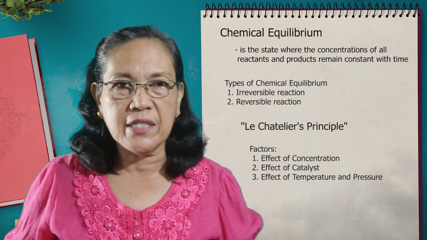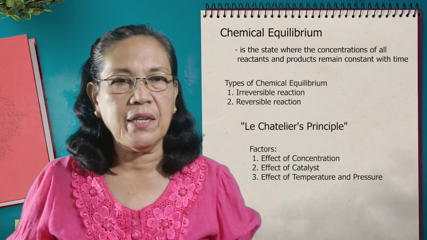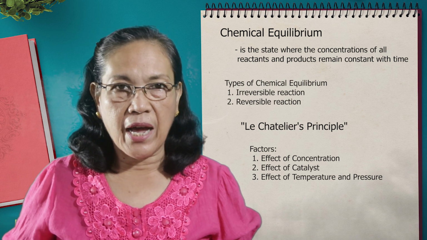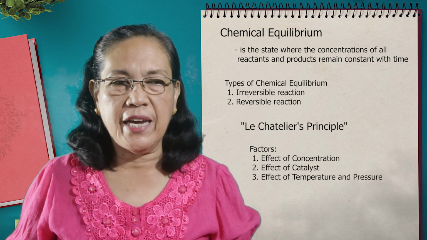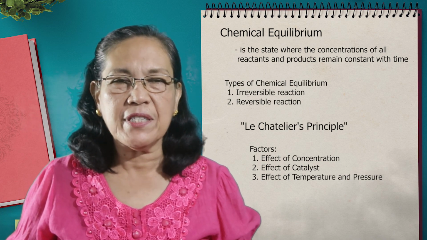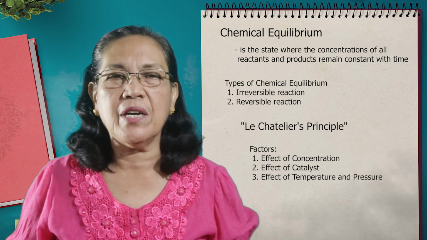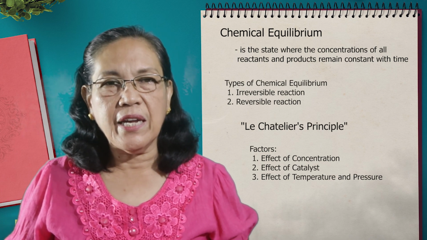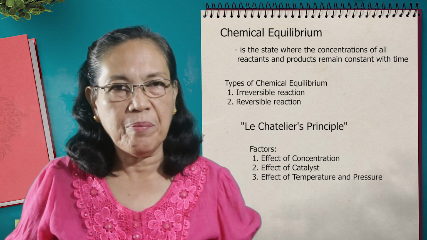And because it is sensitive to pressure, the reaction will go to the other side, or there is an opposite effect. So in this case, because the left side has more moles of gaseous reactants, it is more sensitive to the addition of pressure.